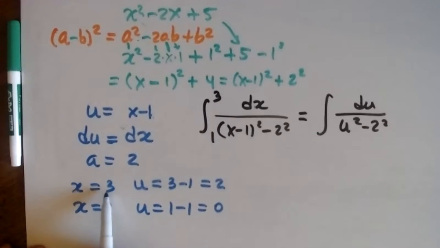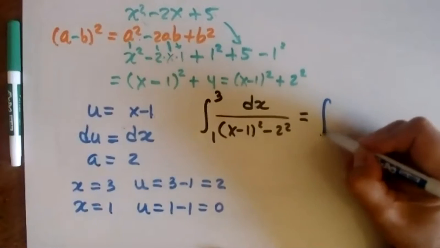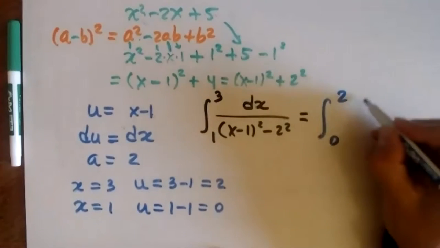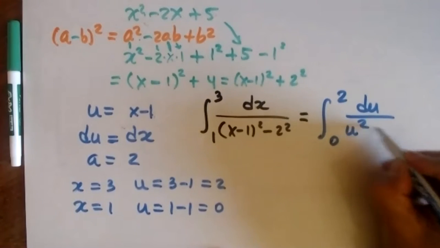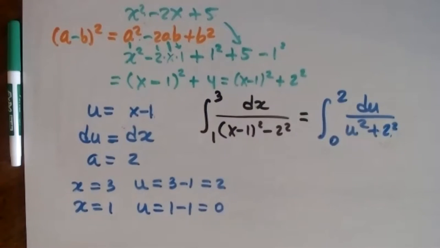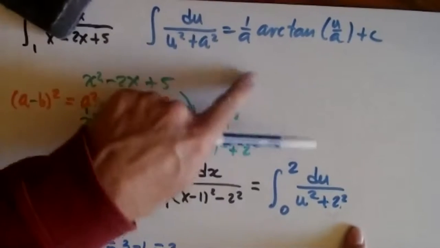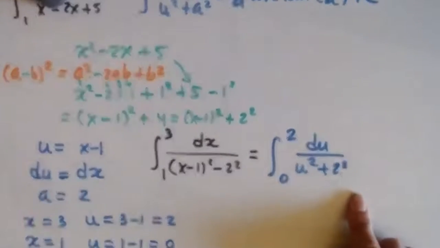So these are the changes. When the x is 3, the u is 2. When the x is 1, the u is 0. So it's what I have to write right here. So it's the integral from 0 to 2 of du over u squared plus 2 squared. Correct? Now, the solution is right here. So I have just to put my solution.